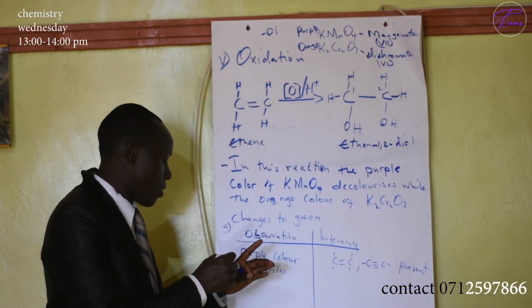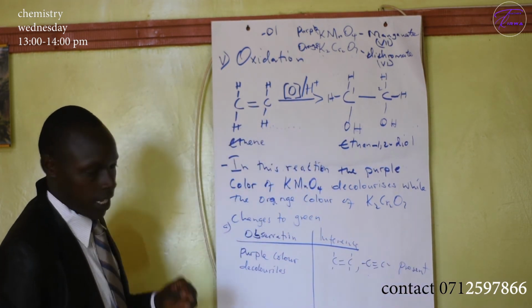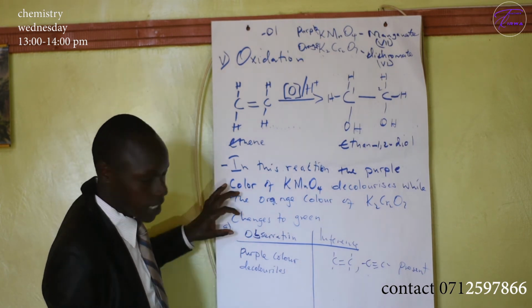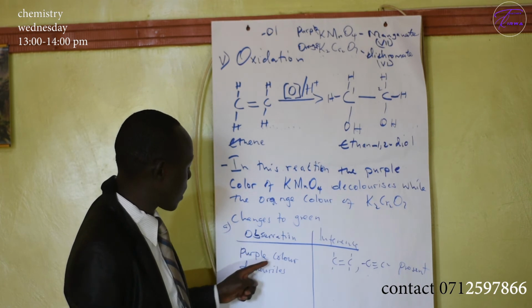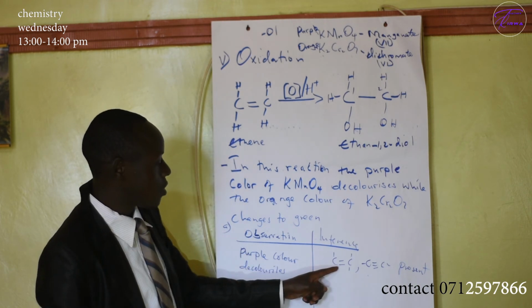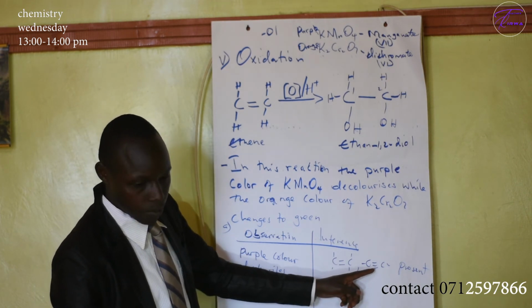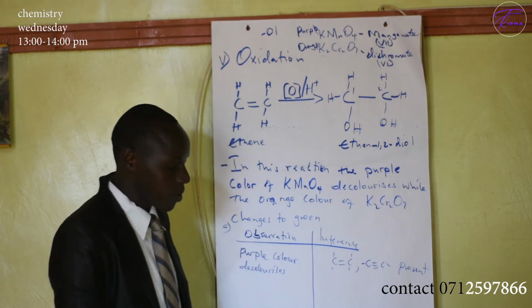Okay, now this is what is shown here. When you have potassium manganate(VII), purple color changes to colorless, then you have a double bond or triple bond present in that compound.